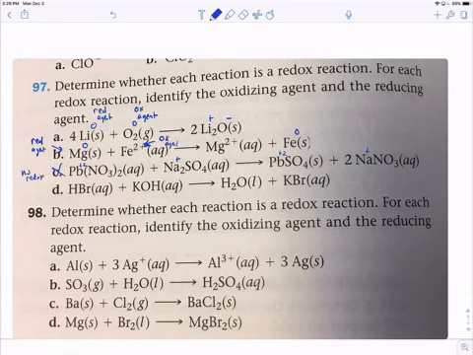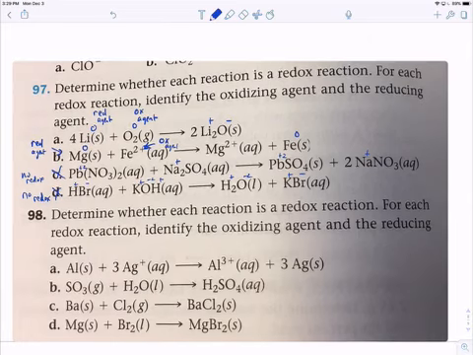And HBr: hydrogen's +, bromine's -, potassium's +. Oxygen is -2, hydrogen is +1. Water: hydrogen +1, oxygen -2, potassium +, bromine -1. There's no redox here. Nothing changes oxidation state.